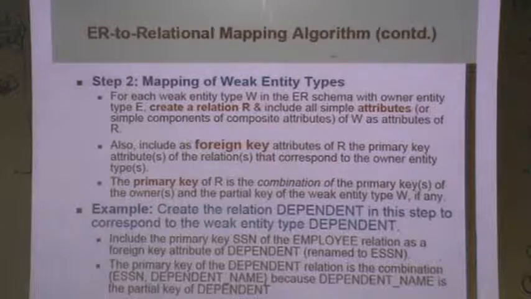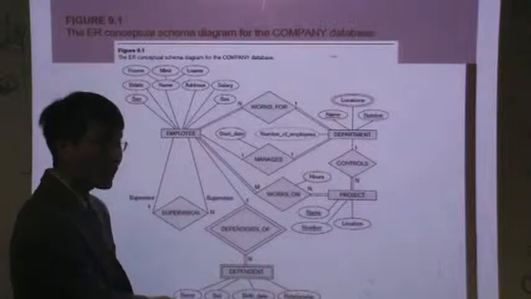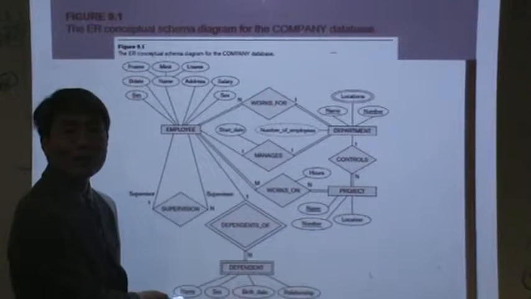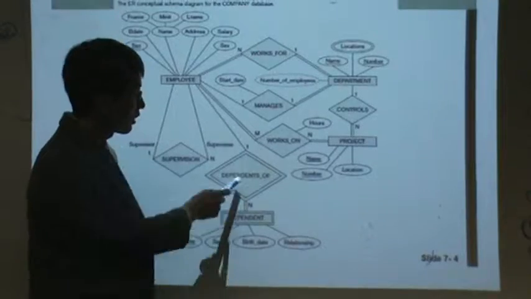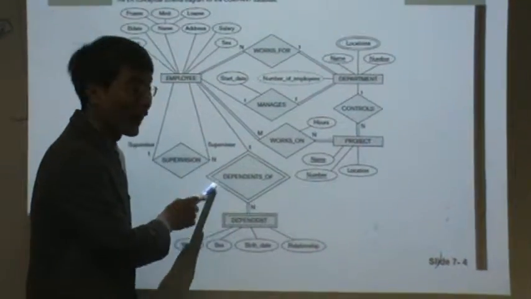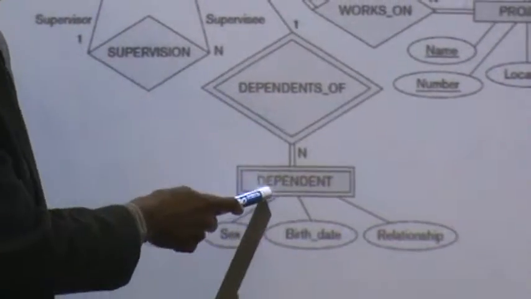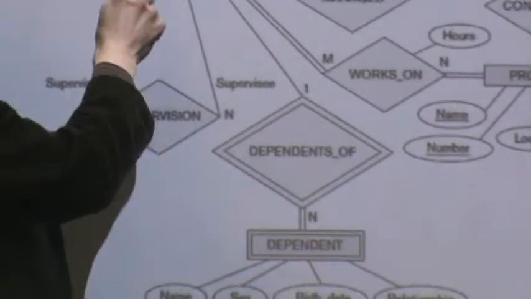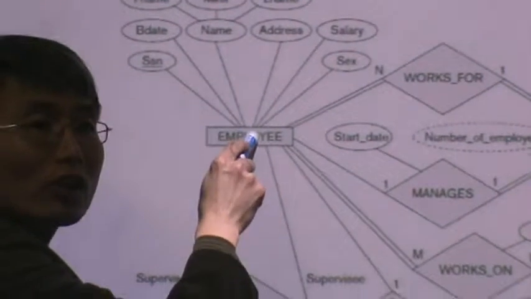Next, the weak entity problem, like this one. However, we already identified what? This is partial, okay? This cannot be a primary key. Then what did we identify? The identifying relationship. With the help of the primary key of the identifying entity, we can identify the dependent.